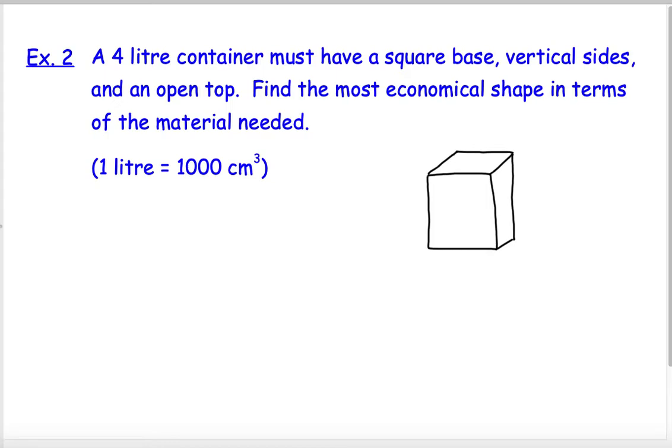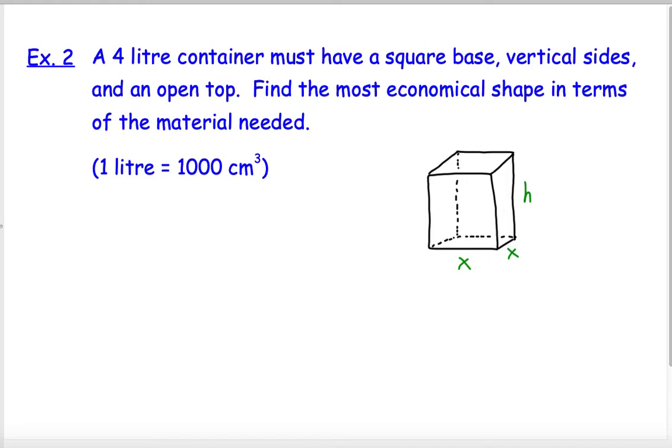Okay. Here we go. And let's label it. So it has to have a square base. So let's call this x by x. And then we don't know how tall it is, so we're going to have to use another variable. Let's call that h.